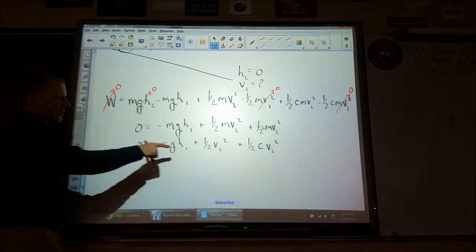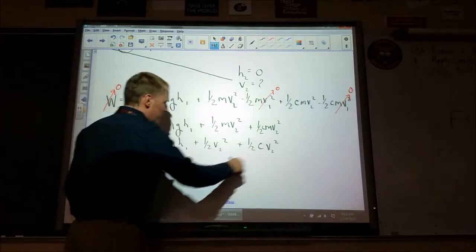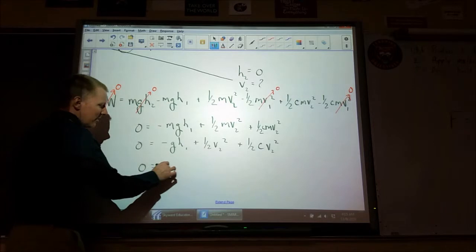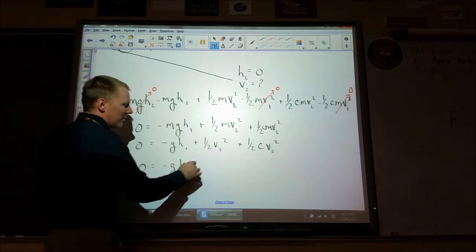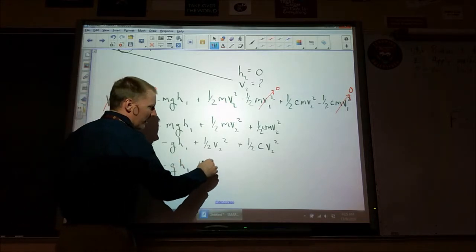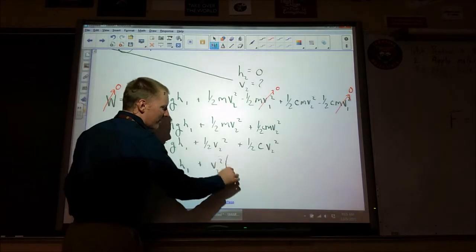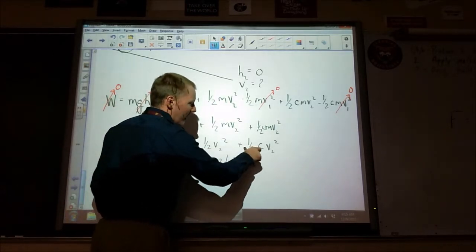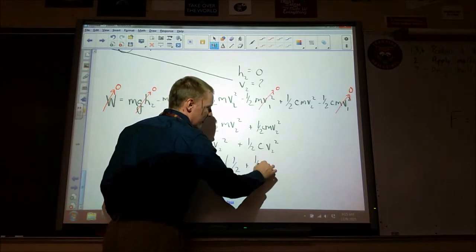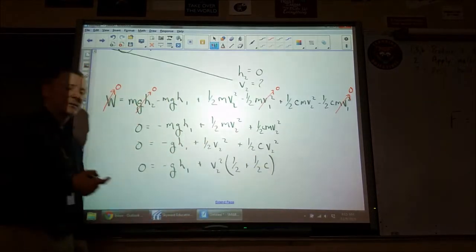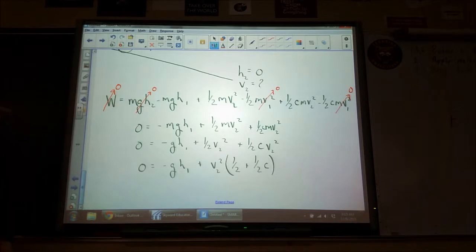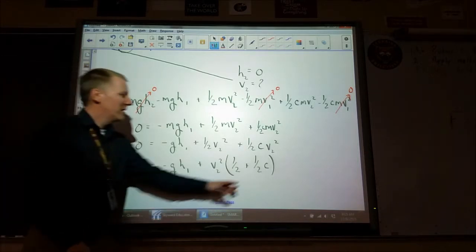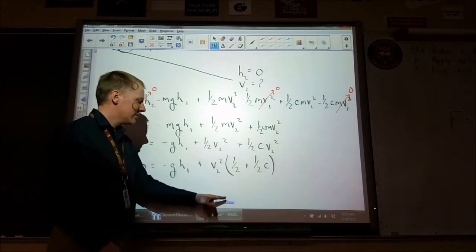So I'm going to gather my terms with V2 together. I'll have a V2 squared times whatever's left, so 1/2 from this one, plus 1/2 times my C. I still haven't made this specific to the ring or the disc. They look the same at this point. When I put numbers in, the C is the only thing that's going to be different.